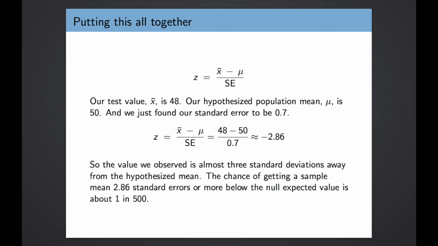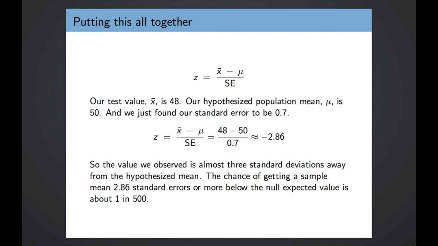So the value that we observed, the sample mean of 48, is almost 3 standard deviations below our expected mean of 50. So the chance of getting a sample mean 2.86 standard errors below the expected value is about 1 in 500. It's very unlikely.